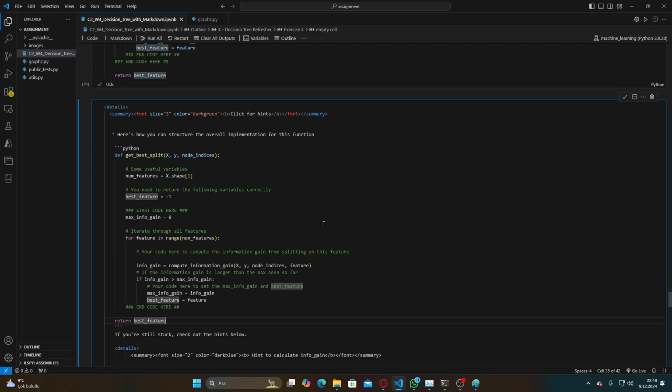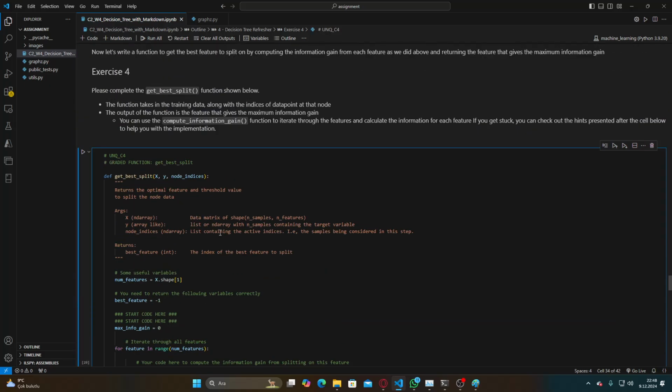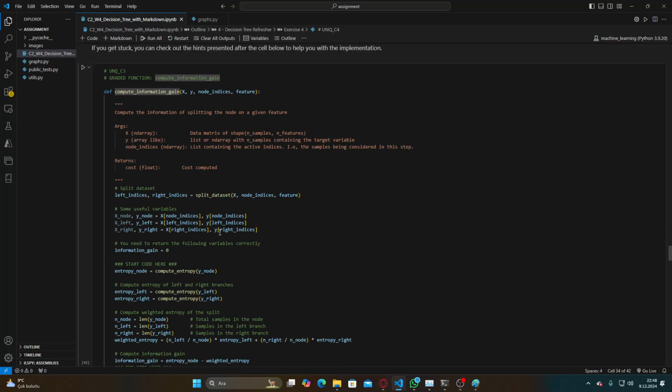But after I checked, I guess we are taking the shape of x and using the compute information gain that we wrote over here.